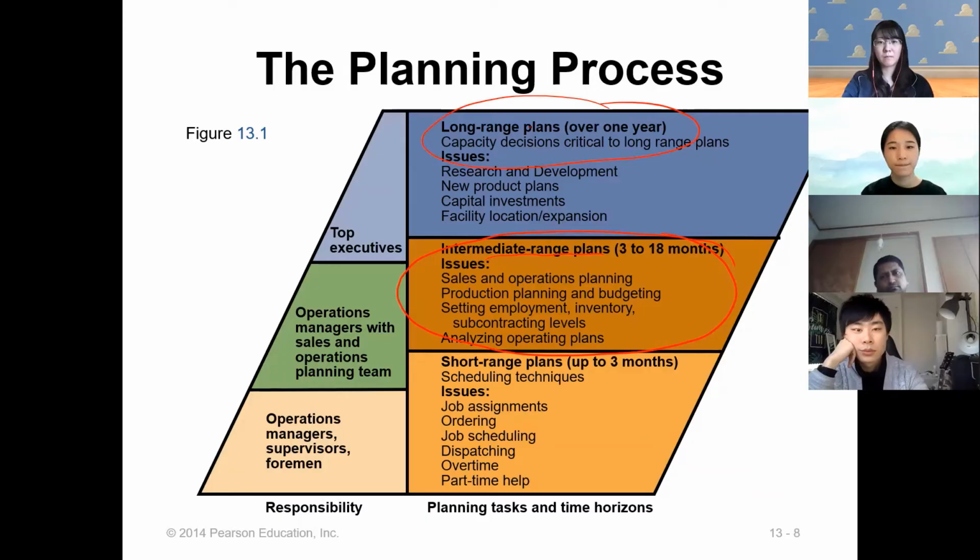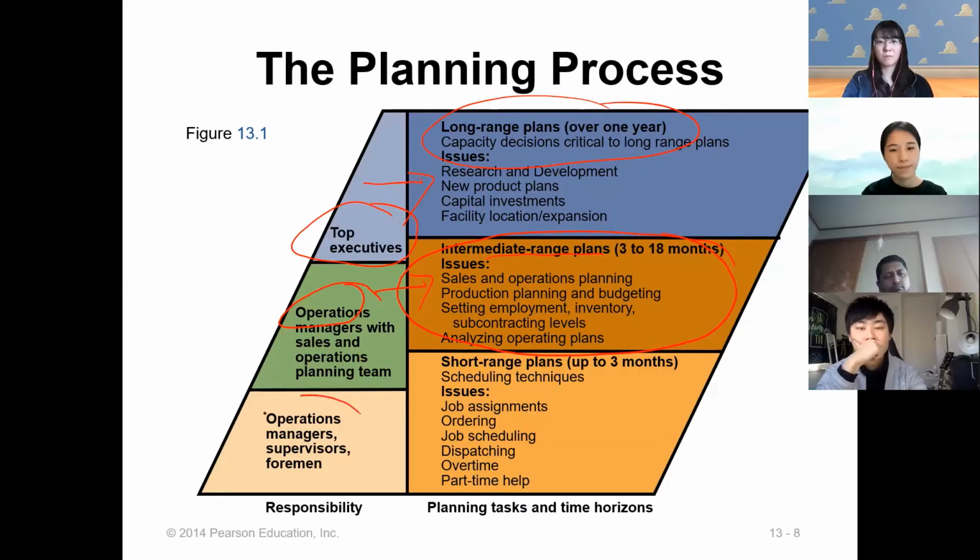Long range is actually new facilities, new factory. And of course, the decision is coming from top executive. So top executive decide on long term. Operation manager does aggregate planning, the mid-term kind of quantities.